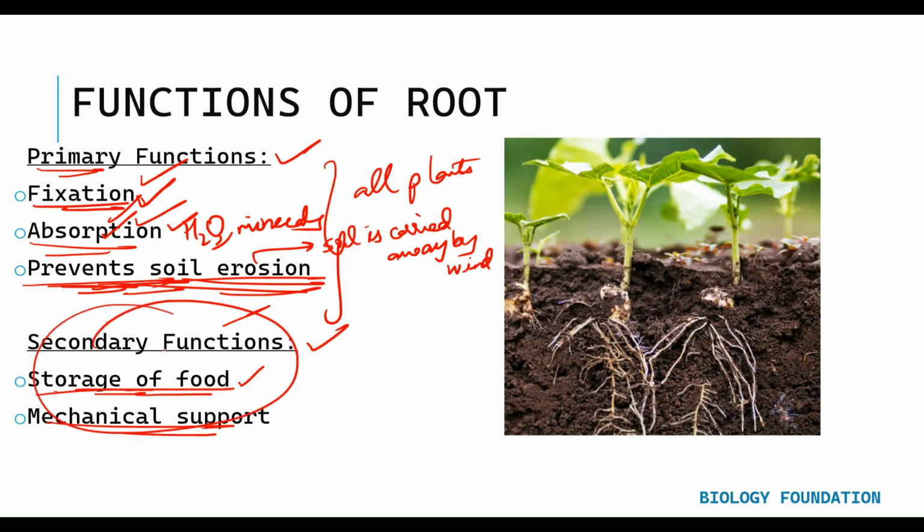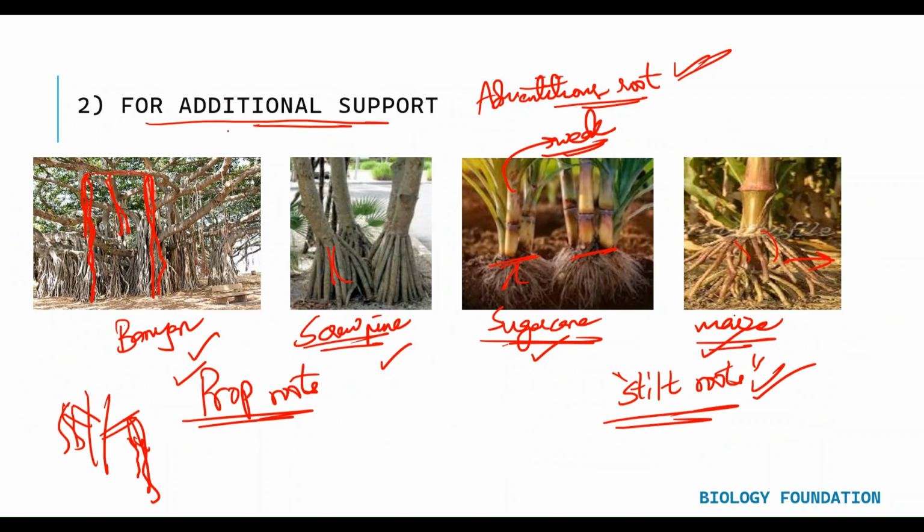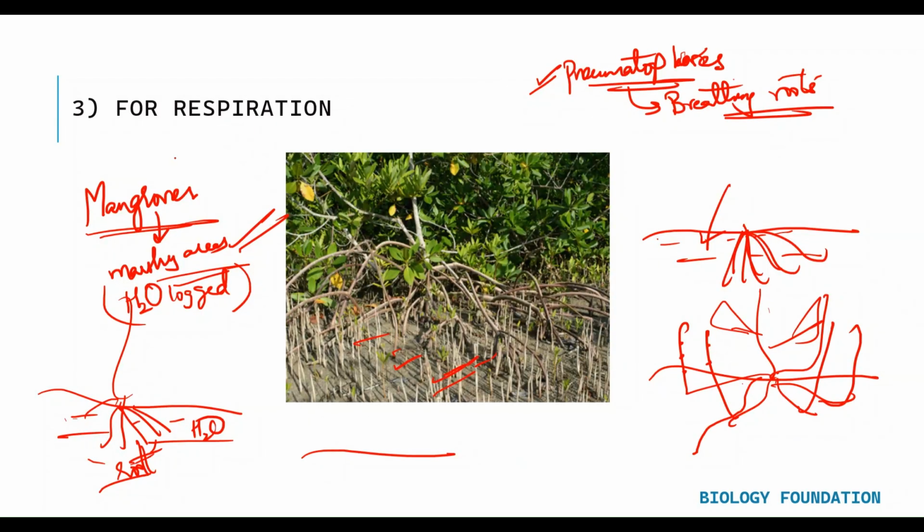Secondary functions are seen only in certain plants, where roots can be modified to store food. They are called tuberous roots, or they can be modified to provide additional support to the plant, like prop roots in banyan and screw pine, and stilt roots in sugarcane and maize. Or roots can also be modified so that they help in breathing in plants which grow in marshy areas.